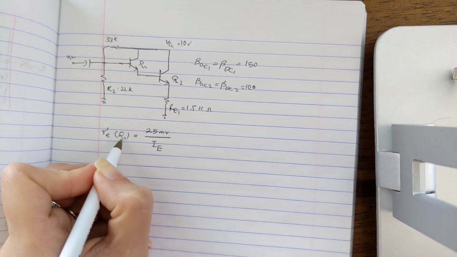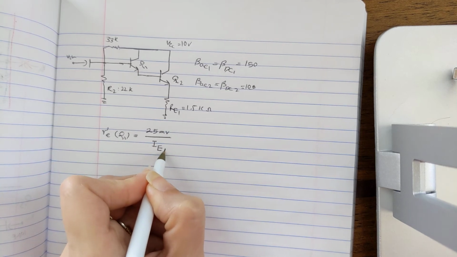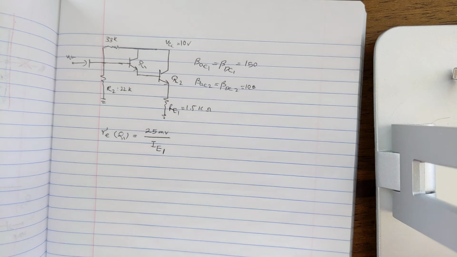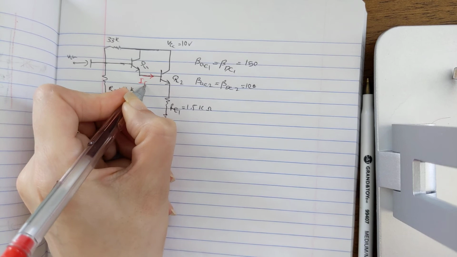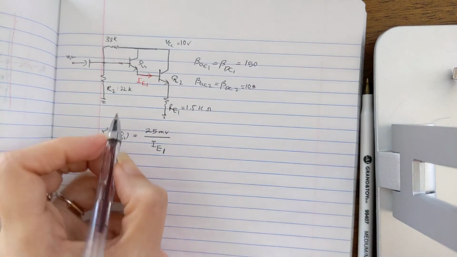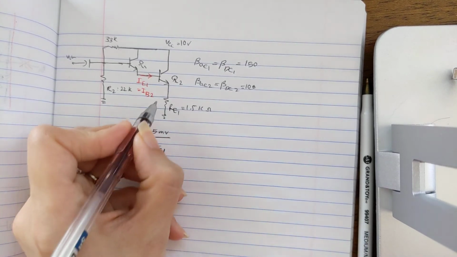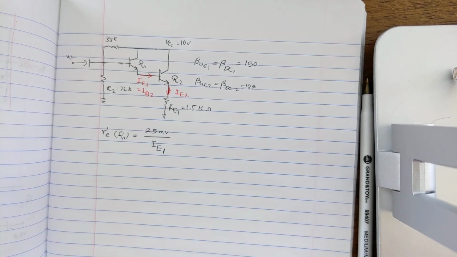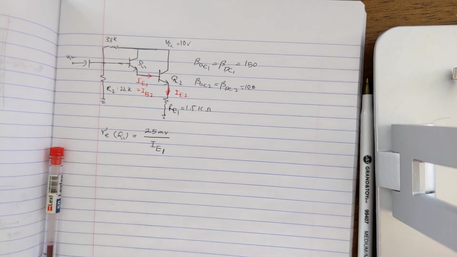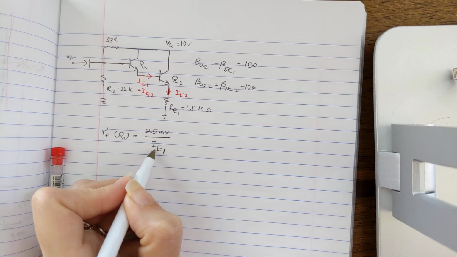Which emitter current? When we are calculating for transistor Q1, we should put the emitter current of that transistor here. So now you know that IE1 is equal to the current that goes through the base, IB2. This is IE2, right?